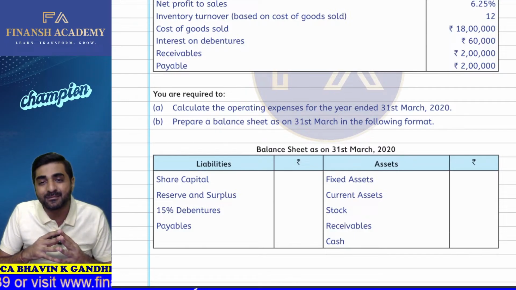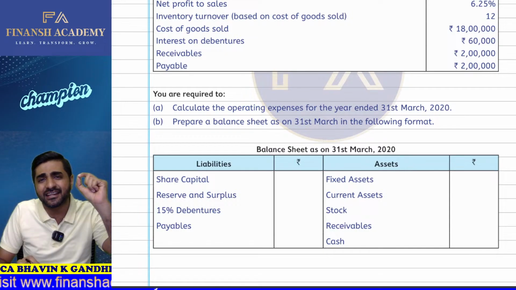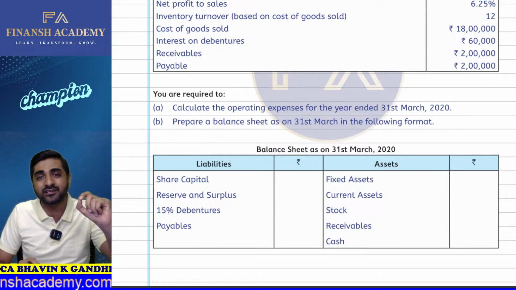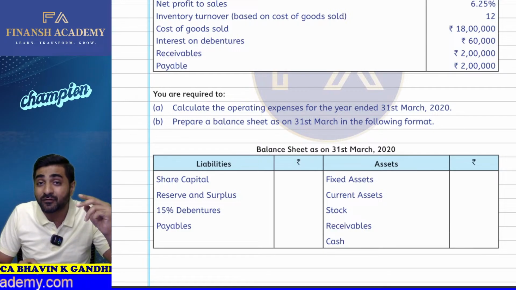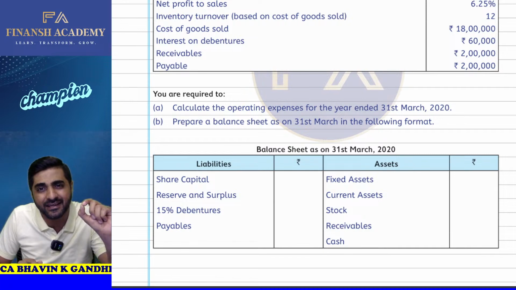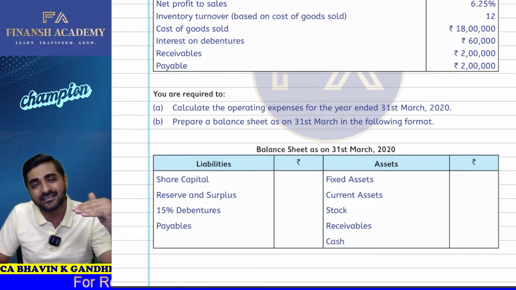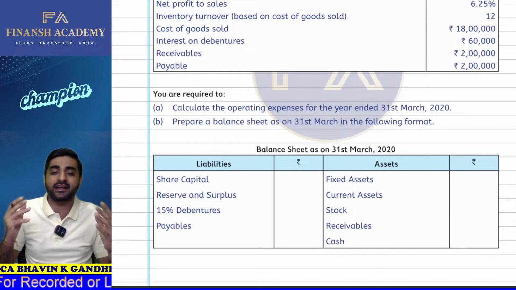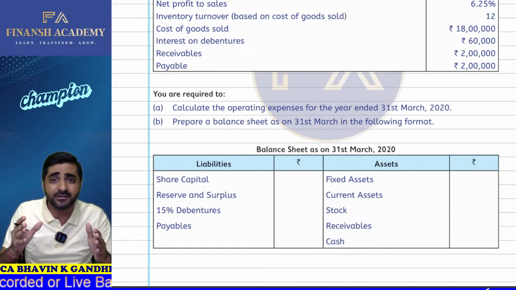We will be starting with sales. From sales, we'll be subtracting COGS, we'll be getting gross profits. From the gross profits, we'll be subtracting the operating expenses, we'll be getting EBIT. Then we subtract interest, we'll be getting EBT. Then from that, we'll be subtracting tax, we'll be getting NP. So this is the format of the income statement.